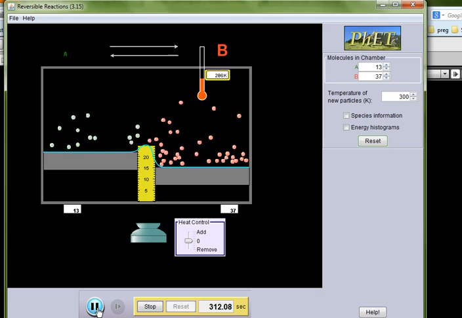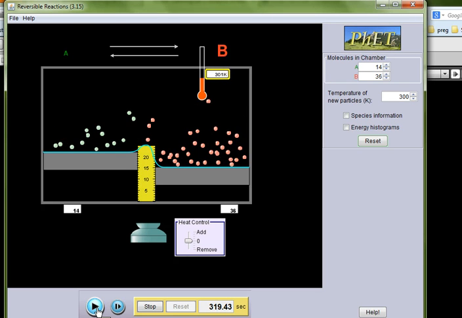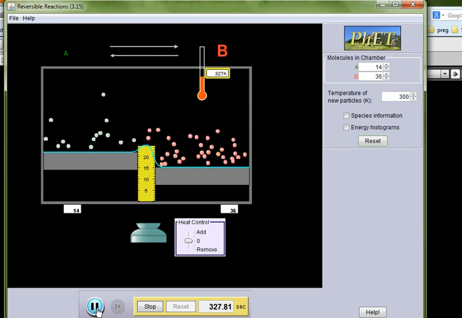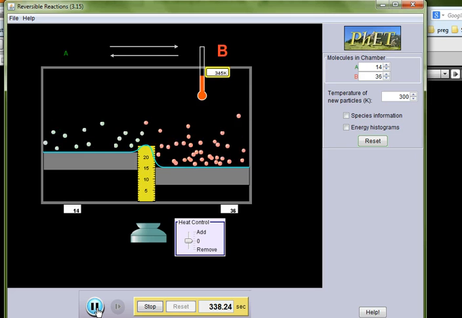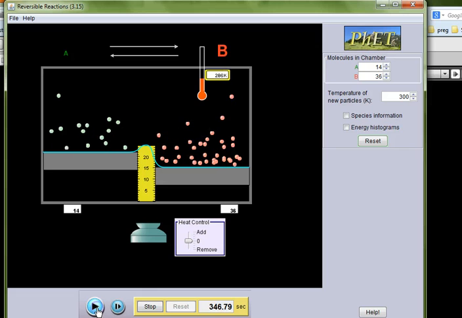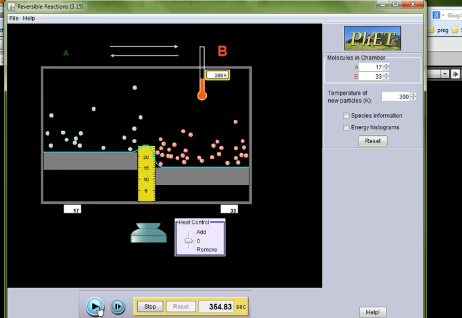Let's take one more reading. To me the average is about 16 or 17 of A and 32 or 33 of B. Now the reaction has reached equilibrium, so with these numbers, can you calculate the equilibrium constant?